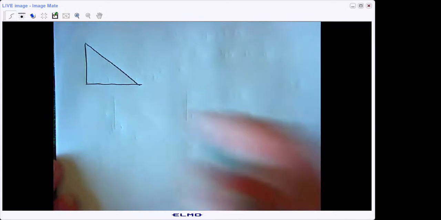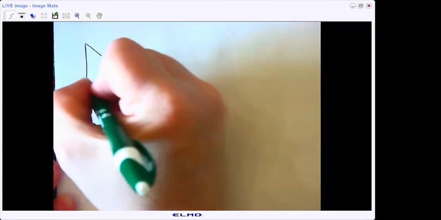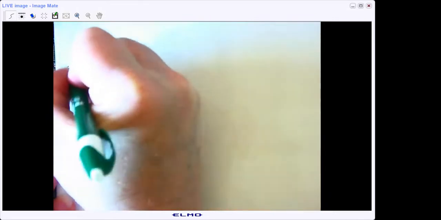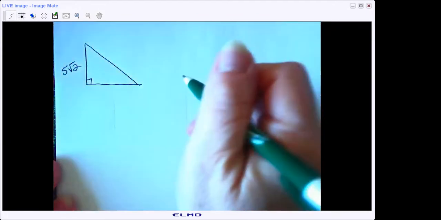More examples. We have 4 more examples. So here's one. We'll call this one 5 root 2, x and y.